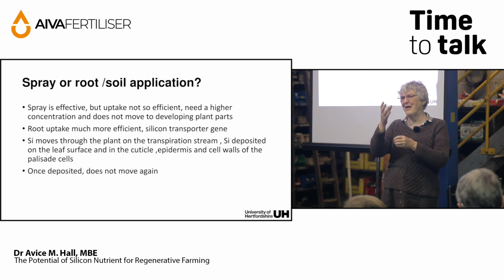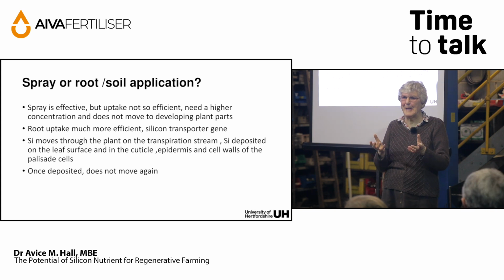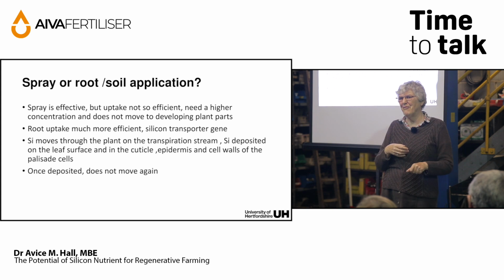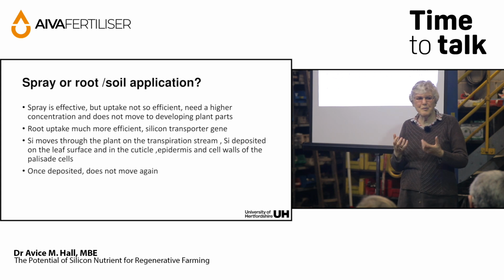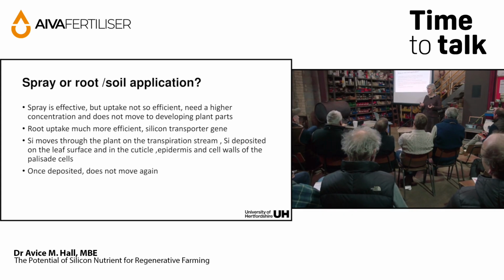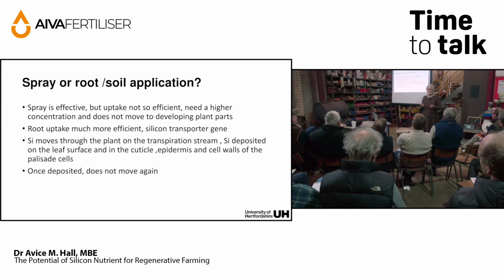But in a sense, that silicon is wasted eventually because the leaves die. So you have to do something for the top, and that could be a moment when, having applied originally in some root application, you could do some sort of spray that would have an effect. Now, I have got a slide here about should you spray or should you do root application? And of course, the answer is I don't really know.